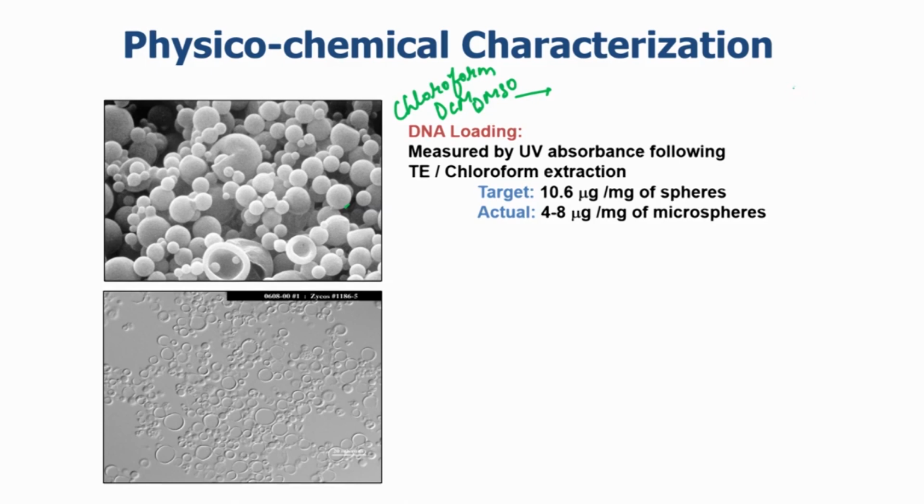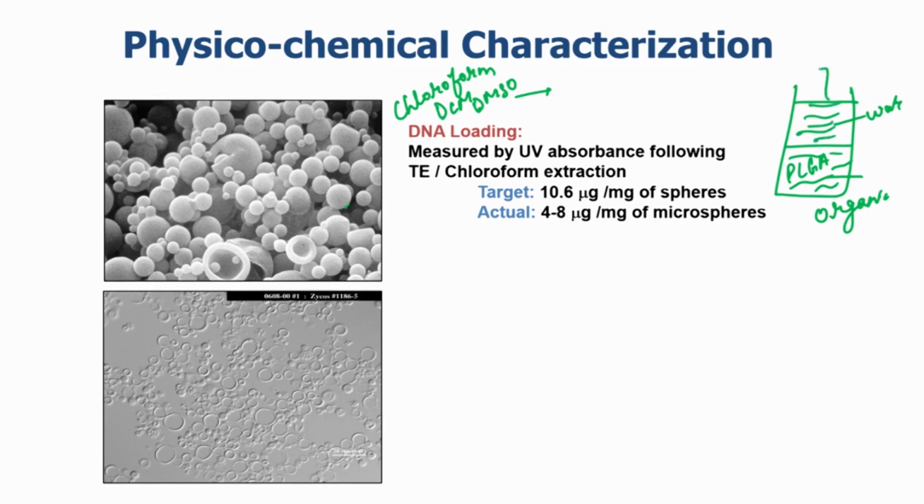What you can do is take a tube with DCM and water, put the particles in, and shake it. Let us say this is the organic phase and this is the water phase. The PLGA which was in particle form will just open up in the organic phase and all the polymers will be present there, whereas DNA is a fairly hydrophilic molecule, so it will localize in the water phase.